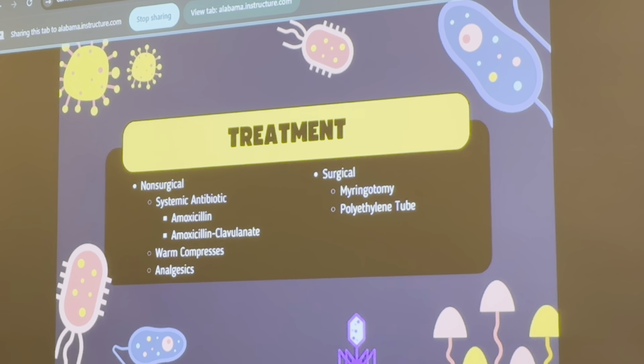On the other side, we have the surgical fixes here. Myringotomy. Anybody know what that is? Ear tubes, close. That's the next one. So we're going to make a small incision within the eardrum to have that immediate relief of pressure, to relieve some of that excess fluid buildup in the back.